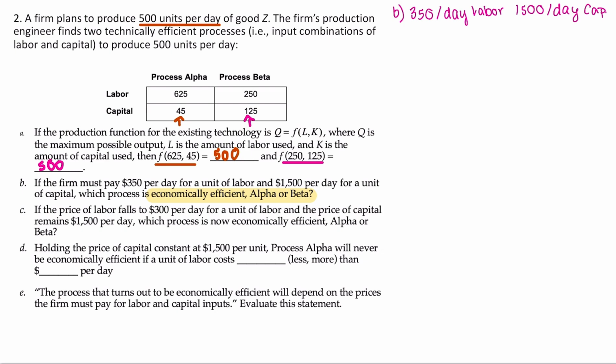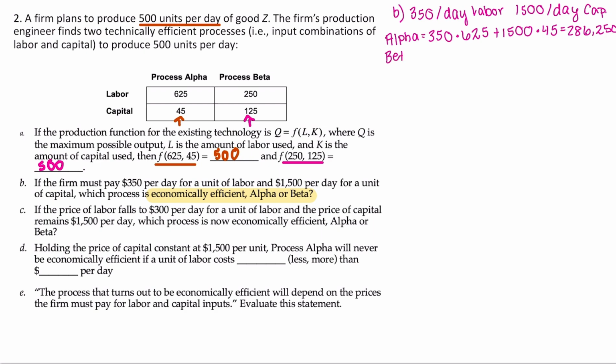So for alpha, we're going to have 350 times 625 plus 1,500 times 45, and that's going to give us 286,250.